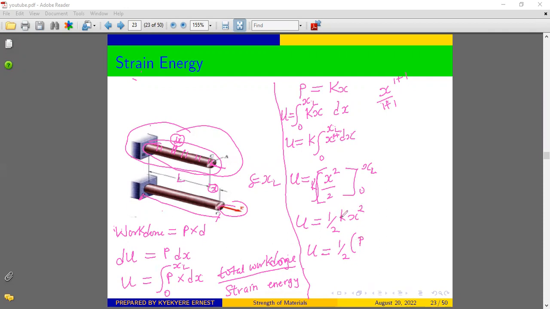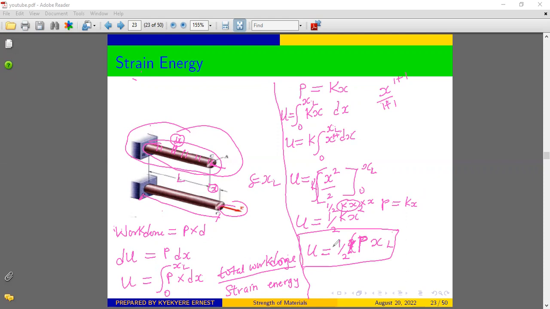We already know that P is equal to kx, so this kxL will give us P. So we are going to get half P xL, and this is going to be our total strain energy, which is the work done in deforming the material.